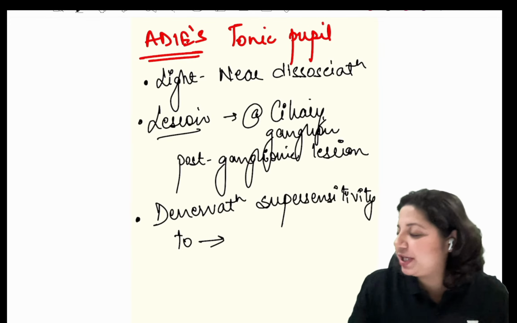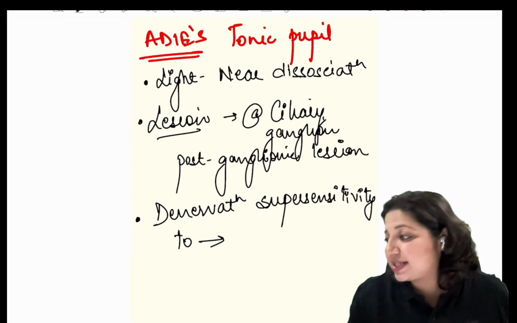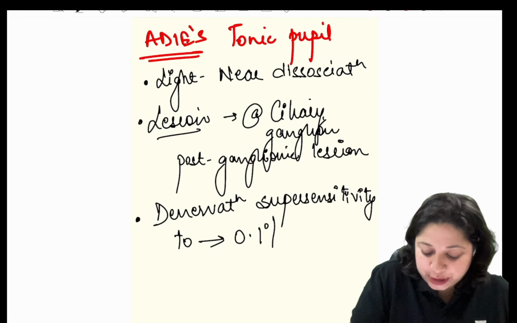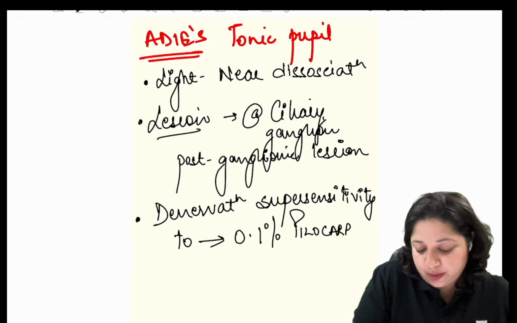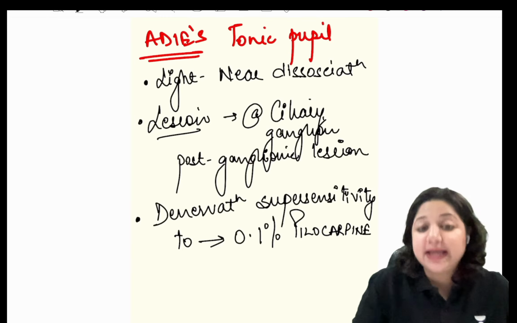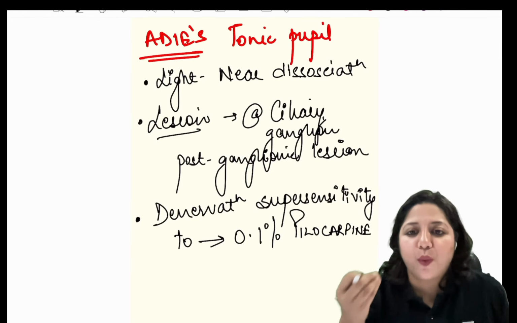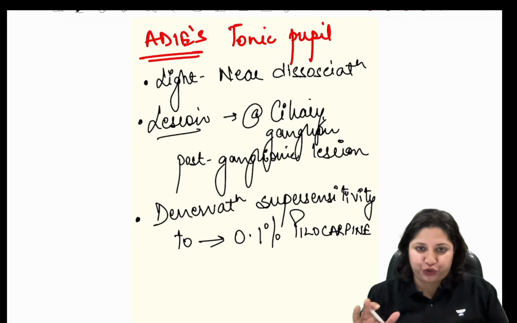Anybody wants to attempt? Denervation cholinergic supersensitivity to 0.1% pilocarpine. That means the pupil constricts to 0.1% pilocarpine also.